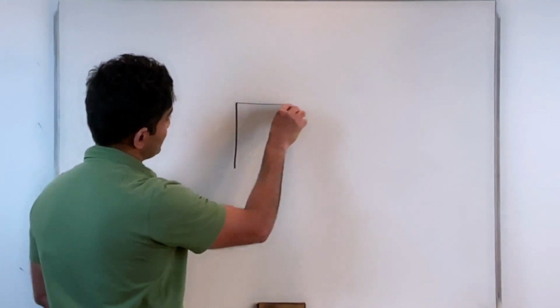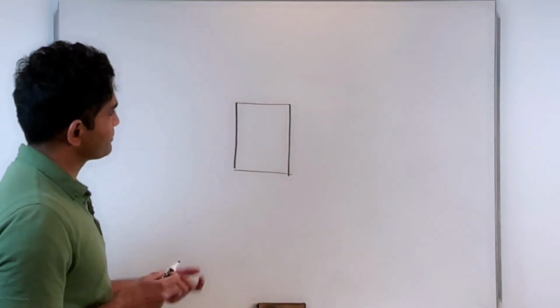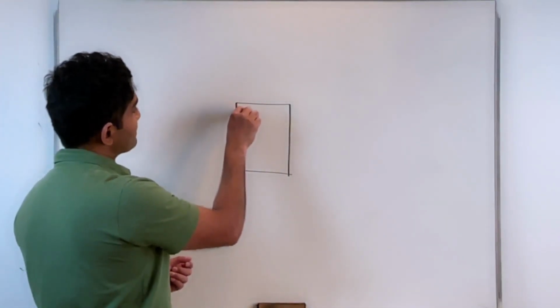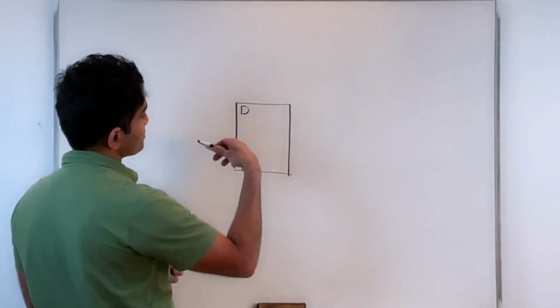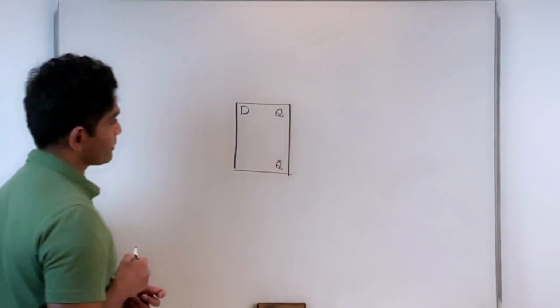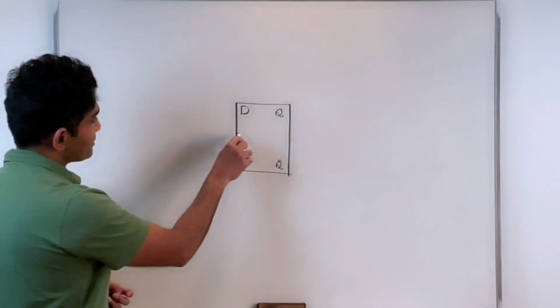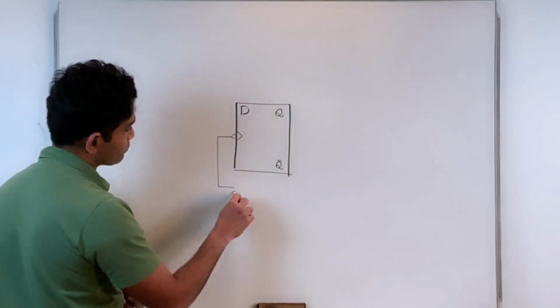You have basically a D flip-flop. How I got the modification, and on what basis I've done it, we'll see in the next few classes. But for now, just accept that this is something I've come up with. This is a negative edge triggered flip-flop. That's where I apply my clock.